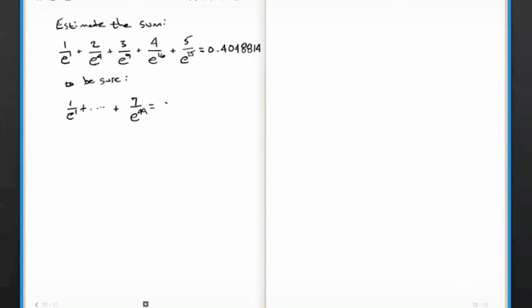Well, that equals 0.4048814. Well, now, obviously, when I punched this into my calculator, I had some rounding here or there. So maybe I should investigate what is my error. So I'm going to define this thing called a remainder.